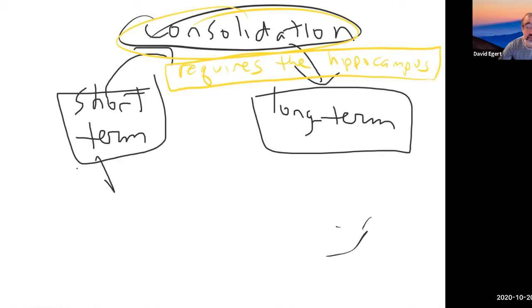But one of the things it does is it is necessary to consolidate short-term into long-term memory. That patient I was telling you about from that Oliver Sacks book had bilateral hippocampal damage that occurred from chronic alcoholism. And what happened was he could no longer form new memories.